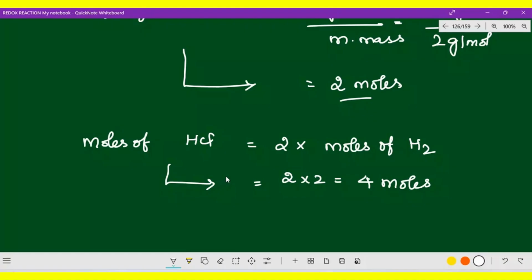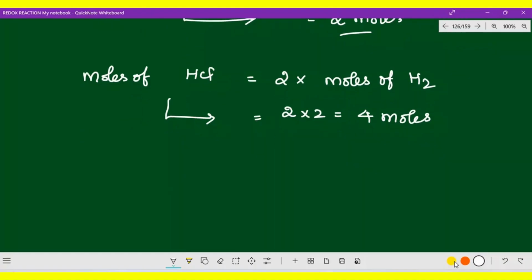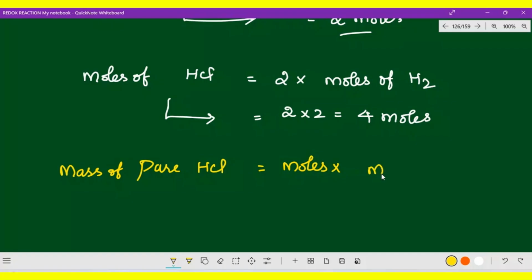Okay, now next, mass of pure HCl. For the given mass, what is the formula you will be using? Moles into molar mass, of HCl only.